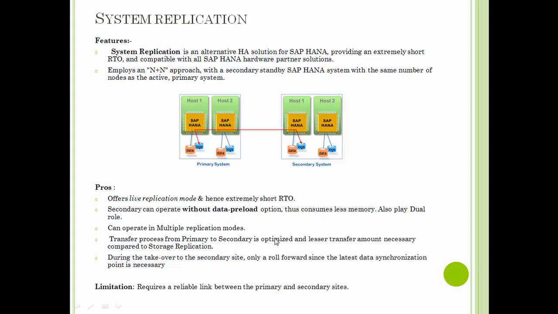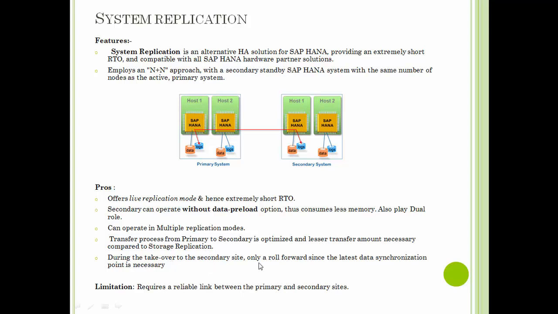As I said, it can be set in multiple replication modes, and the transfer process from primary to secondary is optimized. A lesser transfer amount is necessary since only the delta is to be transported, compared to storage replication where the entire data of the file system and logs are more. In system replication, we should keep in mind it is only the delta data, not the complete data, and the redo logs that are transferred.